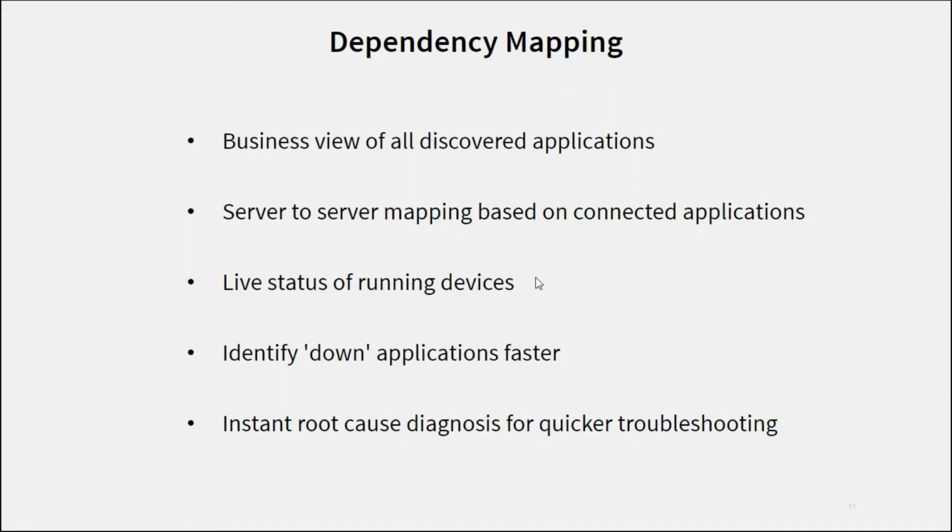The second point would be basically the core of what this feature does. That is, it allows us to understand the relationship between different applications or different servers, how they are communicating, how the downtime of one particular instance impacts other instances, and basically getting an overall picture, a quick picture about what problems there are and where they are and what is the status of devices.